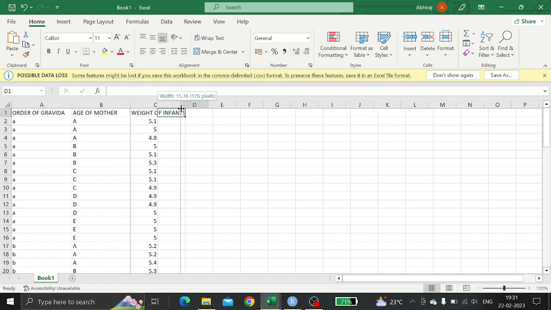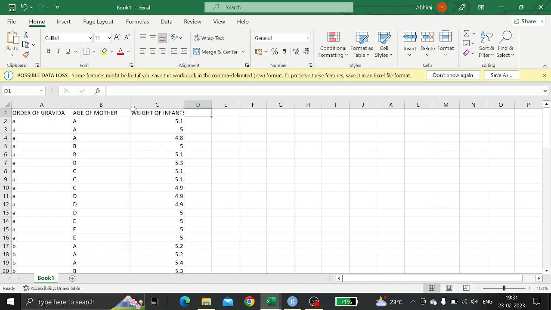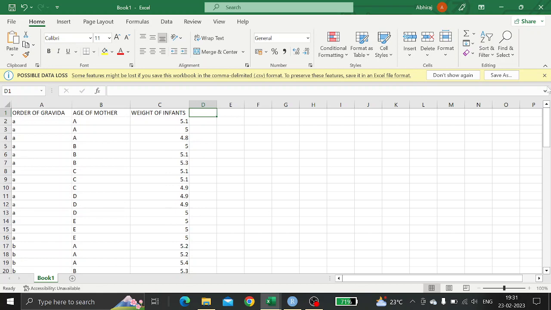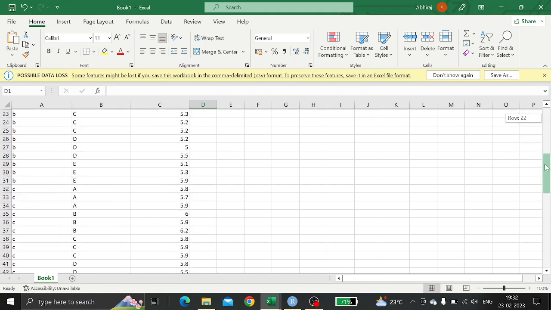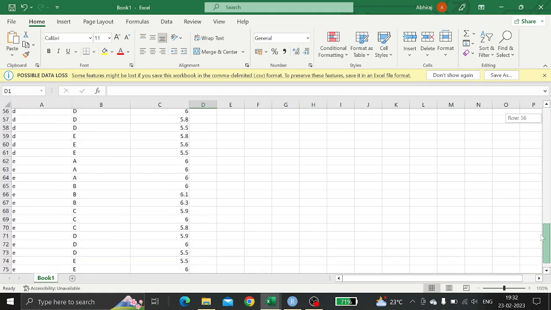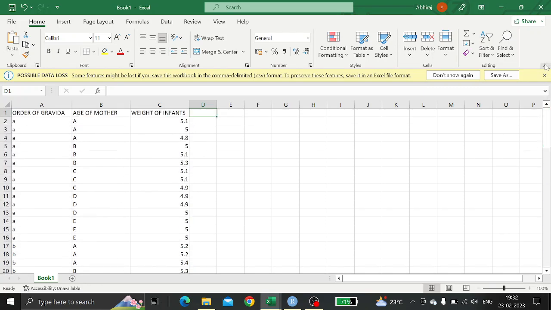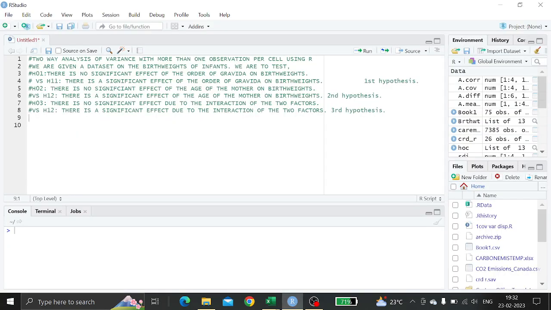Our response is the weight of the infants, and the two factors are order of gravida and age of the mother. You could see we have 75 observations here. These are the birth weights, weight of the infants at birth.